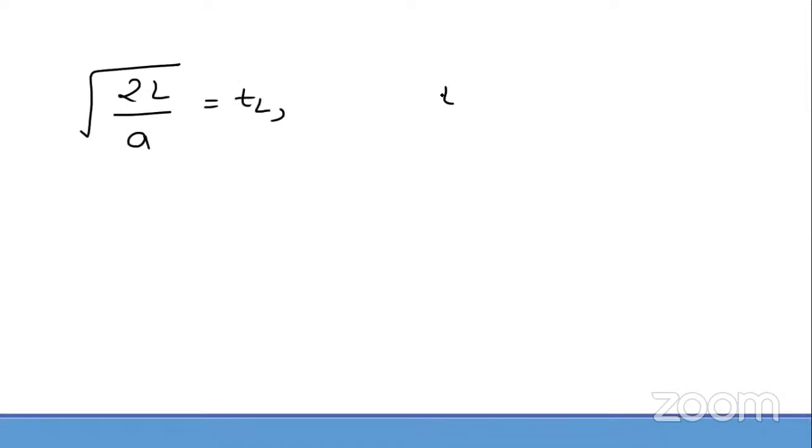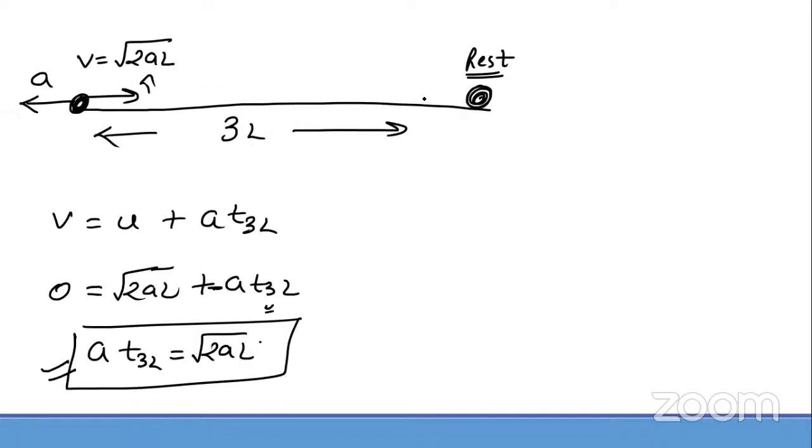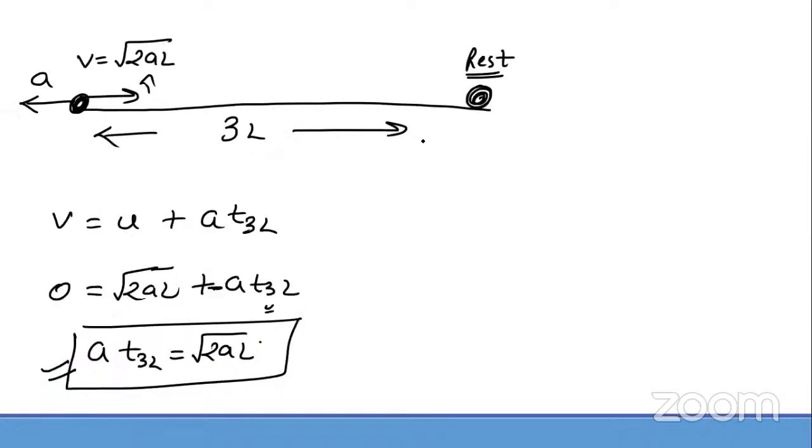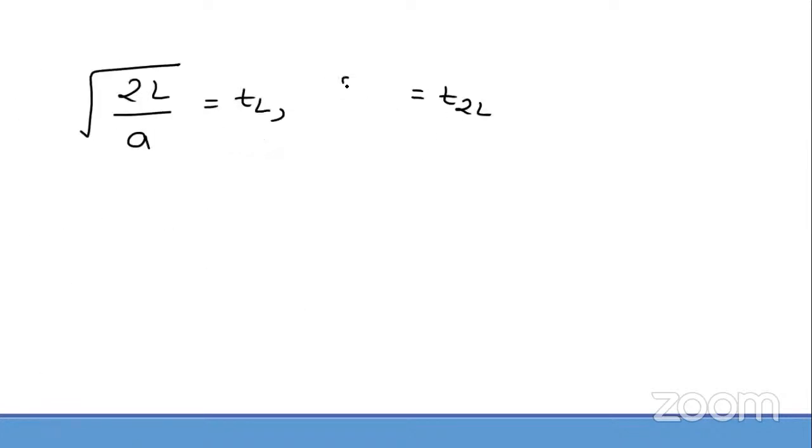That's fine. T2L is how much? T2L is how much? It is, okay, this is how much? 2L upon under root 2AL. Okay. And T3L is how much?